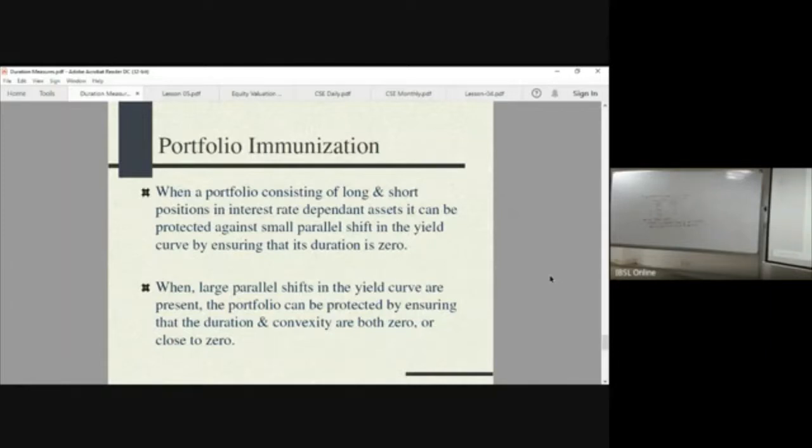So that is how the immunization can be made, because you have liabilities also there, not only assets. I will give an example.